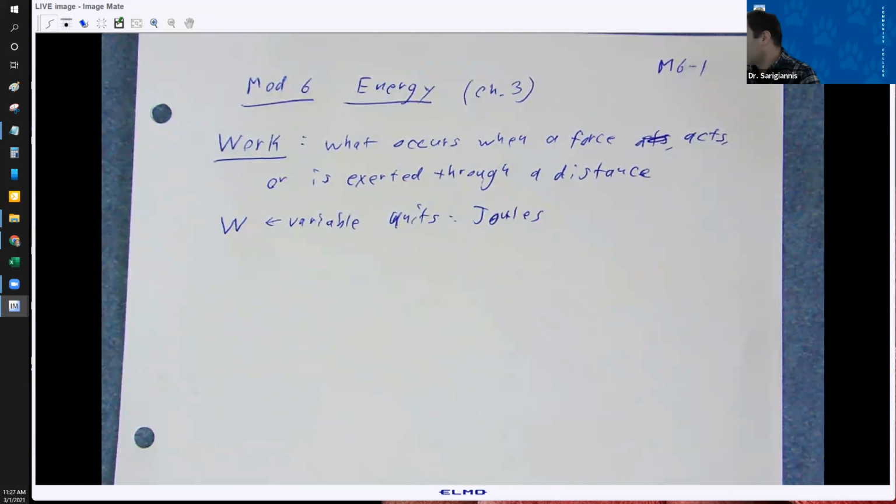And we saw this with kinetic energy, right? Potential energy. Those were the same units. So work is a type of energy.